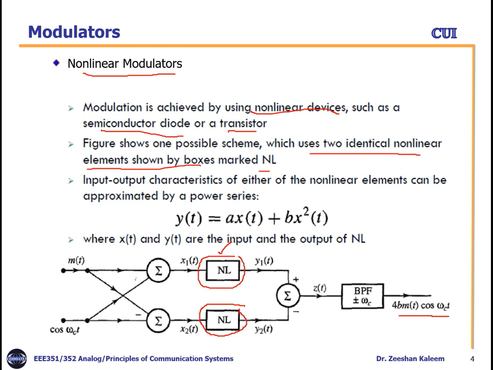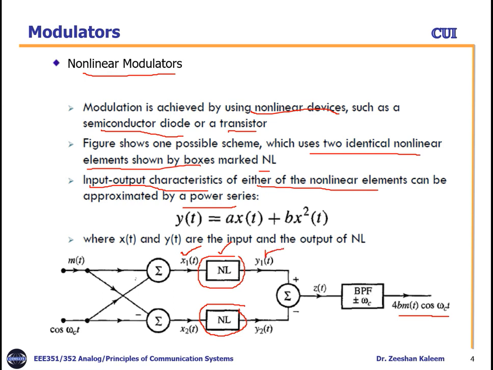For any nonlinear device, for example a diode or transistor, how can we represent it mathematically? The input-output characteristics of either of the nonlinear elements can be approximated by a power series. For example, if you have an input x1(t) and you pass this signal to the nonlinear diode or transistor, the output would be y1(t).